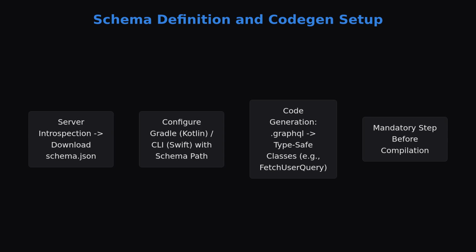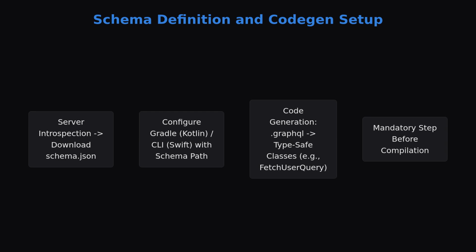The GraphQL schema definition file is the single source of truth for client code generation. You must download this file, typically named schema.json or .graphqls, from the server endpoint using introspection. For Android and Kotlin projects, the Apollo Gradle plugin requires configuration to locate this schema file.